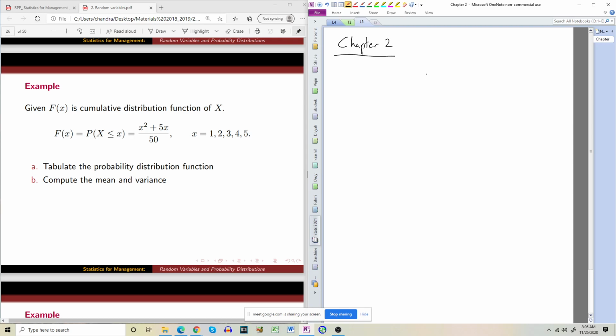In chapter 2, there are two kinds of variables. One is discrete and another one is continuous.